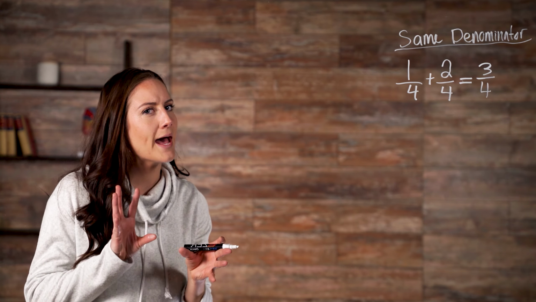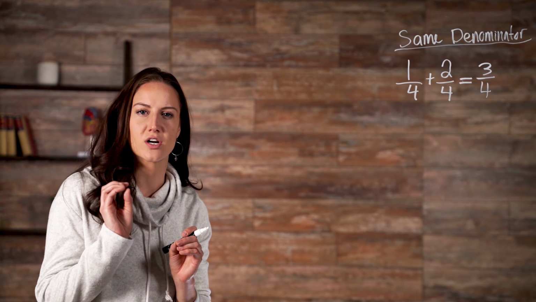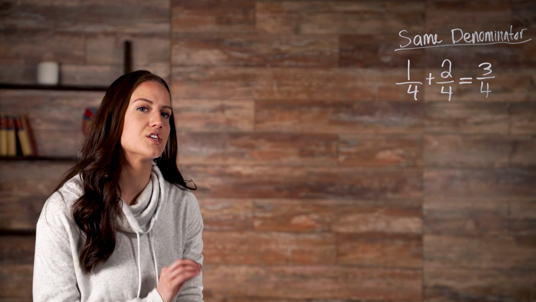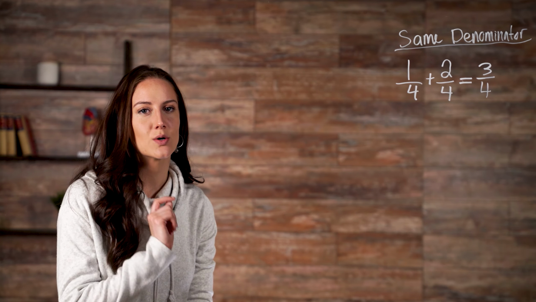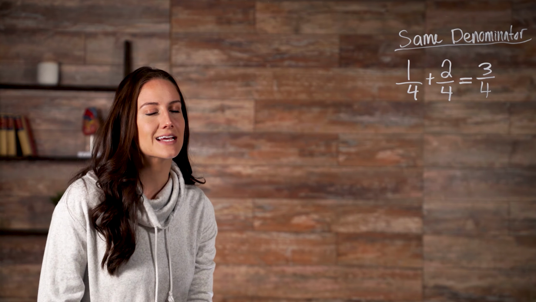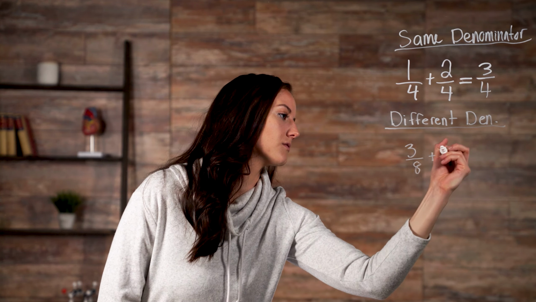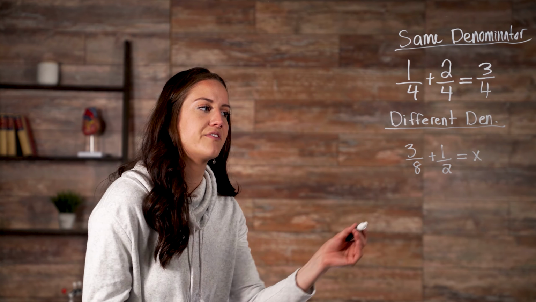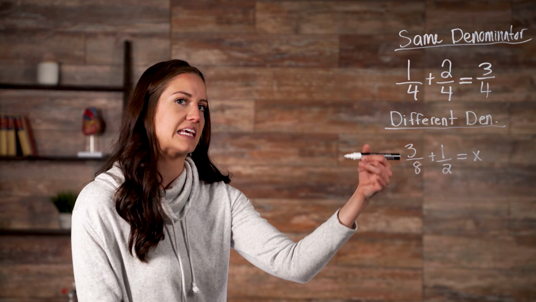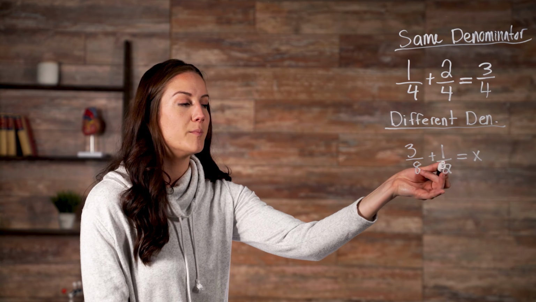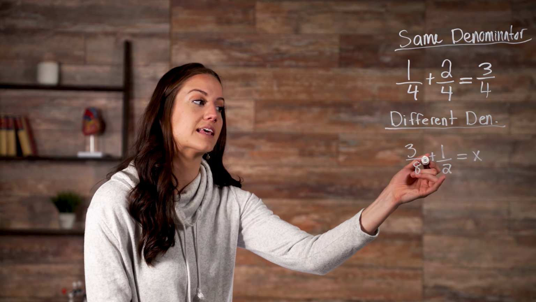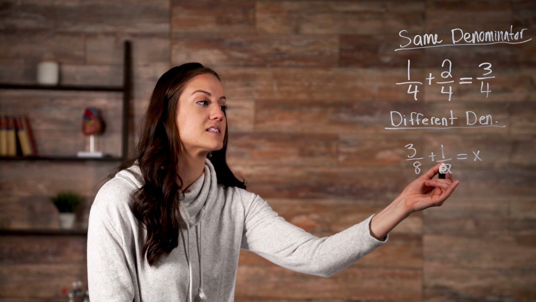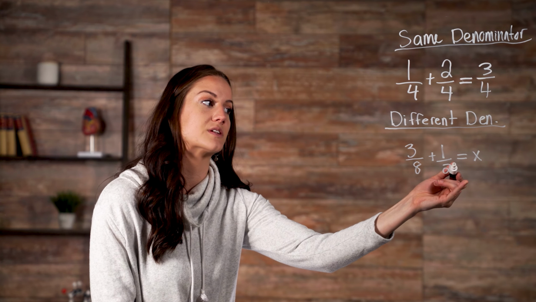Simple. But what happens if the denominators are different? Well, in that case, you have to convert the denominators to be the same. So let's take a look at an example. We can't really simplify 3/8 into anything that would easily add with 1/2, but we can do something with 1/2 that we could easily add with 3/8, and that's multiplying 2 by 4, which would give us 8.